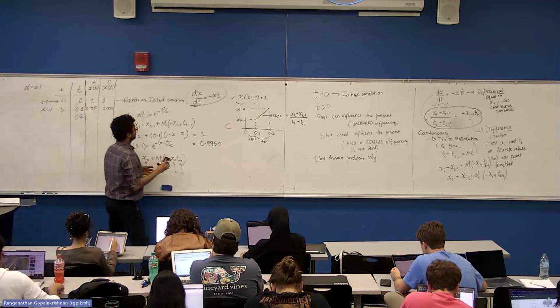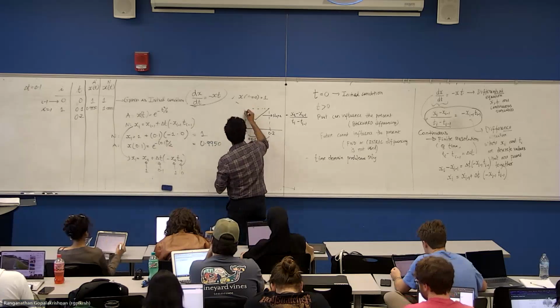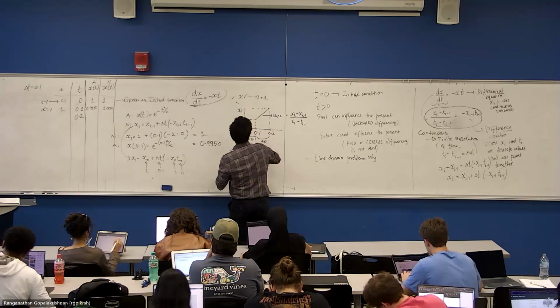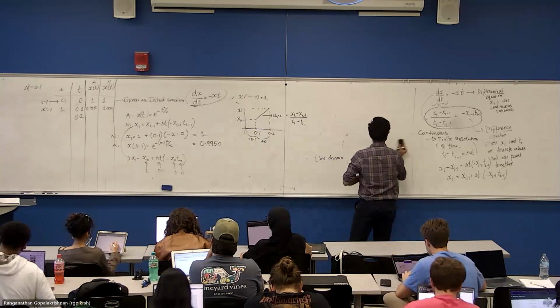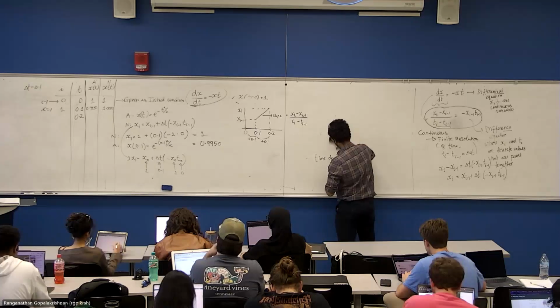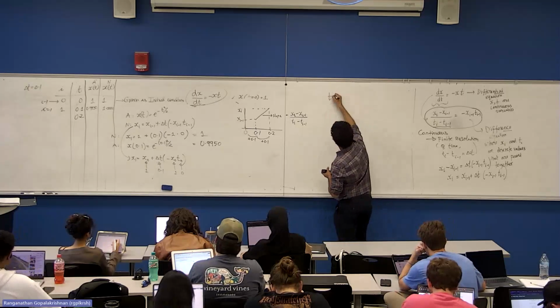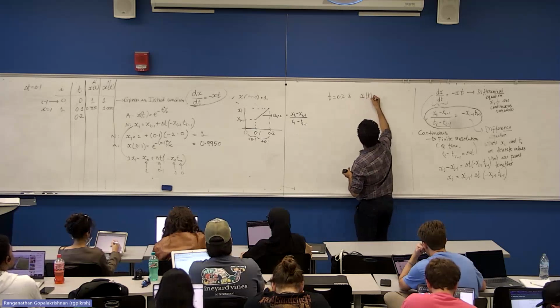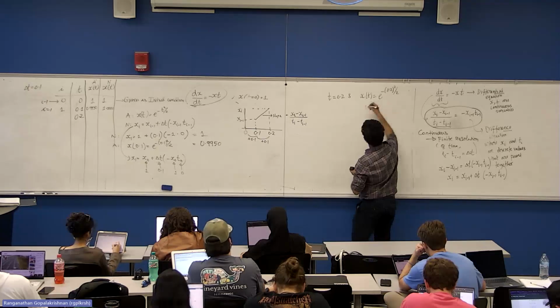For t equals 0.2 seconds, the analytic value is exponent of minus 0.2 squared over 2.